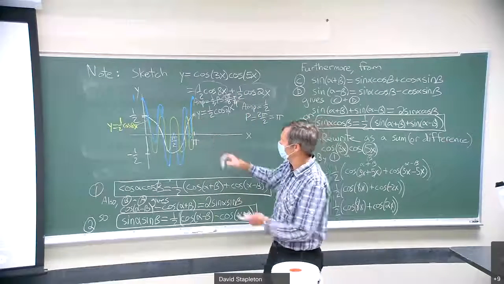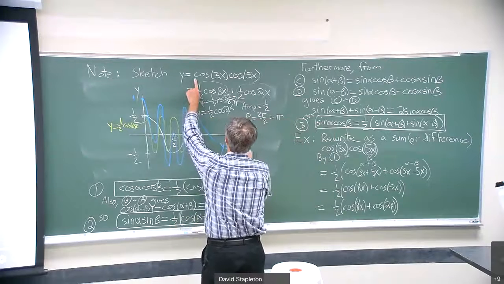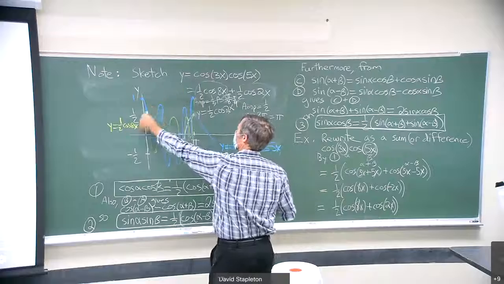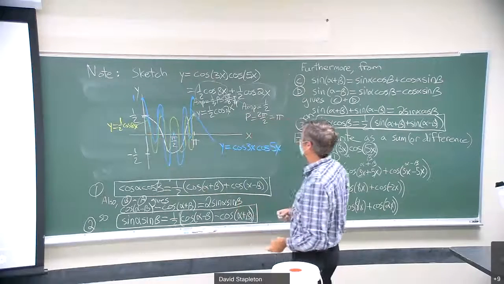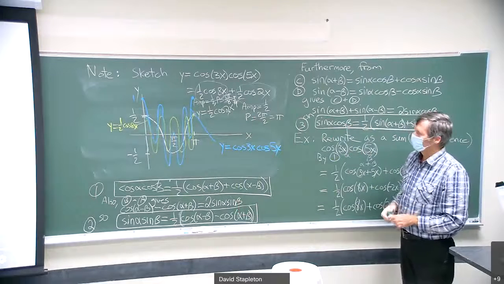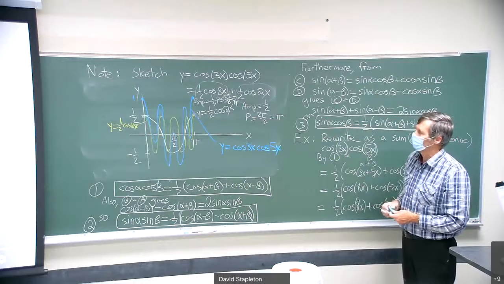Now I know, here's the blue one, is the sum, which is also known as y equals cosine 3x cosine 5x. There's what it looks like. It wiggles up and down 1/2 a unit around this function of period pi. So there's one application. You write a product as a sum, you have an idea what the graph does.